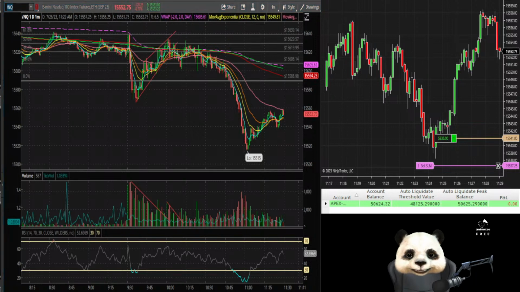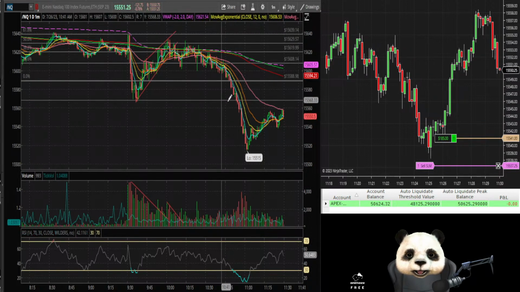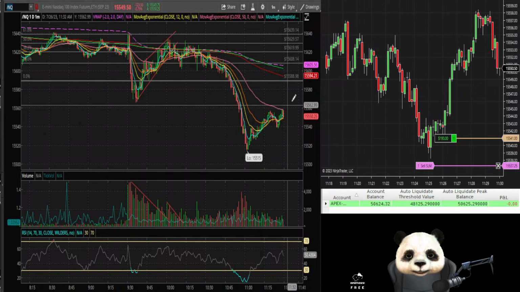And we're using the ES to really help us out here too. So it touched that 4,585 level, which is the previous high off of this low. Now we're coming back down, as you can see in the Nasdaq as well.